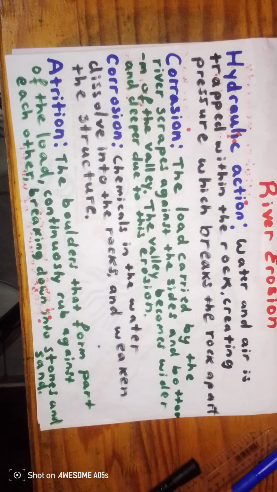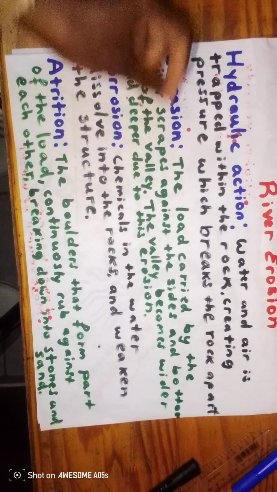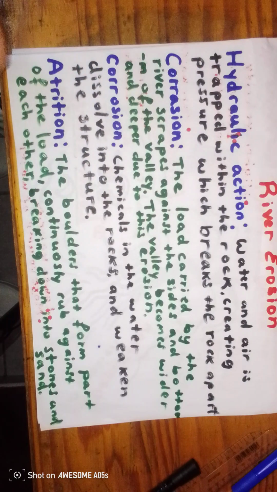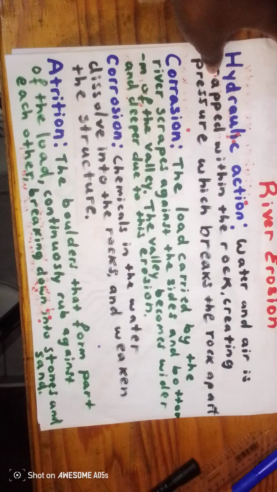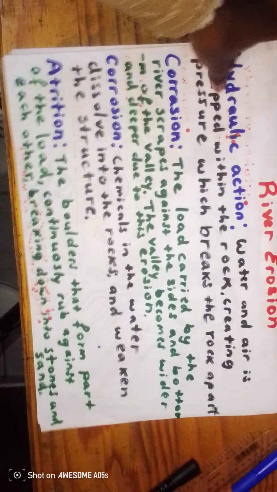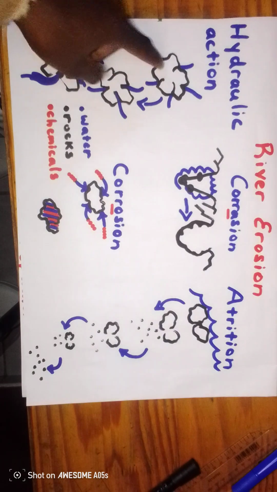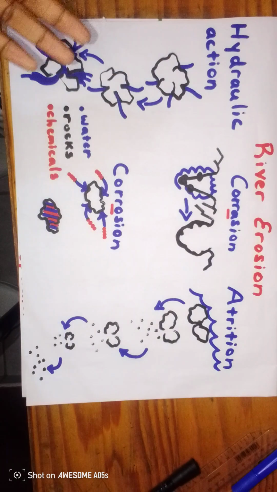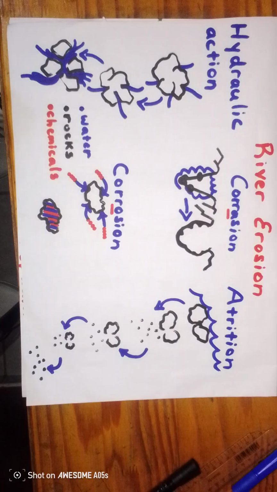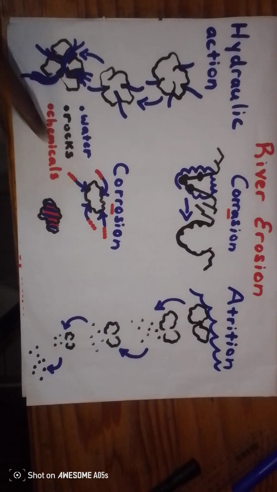Corrosion happens when chemicals in the water dissolve into the rocks and weaken the structure. So corrosion should not be confused with hydraulic action. Hydraulic action, we have water and air that acts on the rock to break apart the rock. With corrosion, as I've indicated, we have red and we have blue.